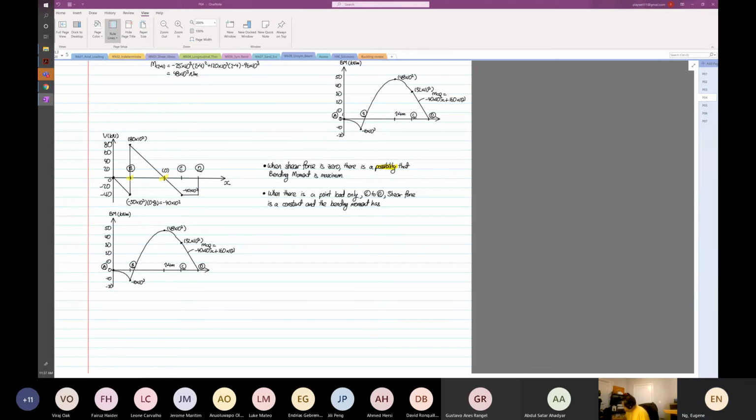Yes or no? Right? It has a gradient. So between this range, C to D, the shear force is a constant, and then the bending moment has a gradient, a straight line gradient. Yes or no?